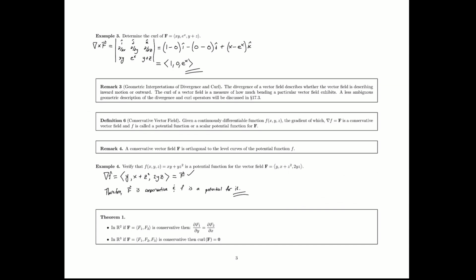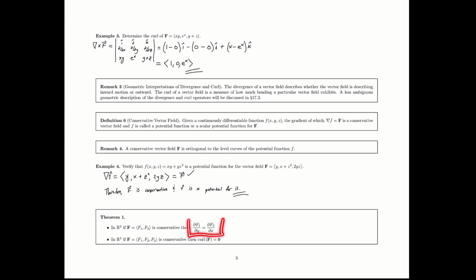Lastly, we've got 2 theorems. Theorem 1 says that there are really 2 different settings here: the 2-dimensional and the 3-dimensional case. In the 2-dimensional case, if a vector field capital F is conservative, then the mixed or cross partials condition holds.